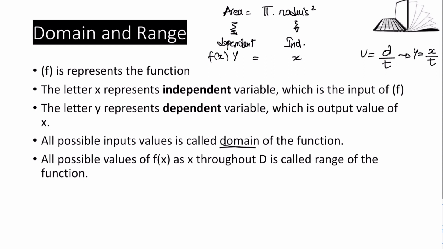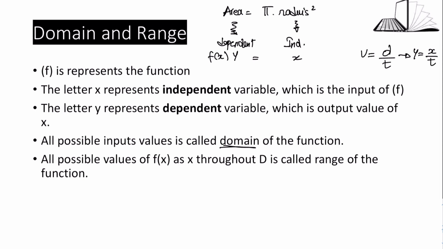So all the values that x can take are called the domain, and all the values for which y is defined are called the range. I think it will become clearer once we discuss how we determine the domain.